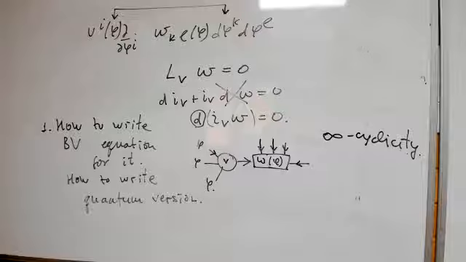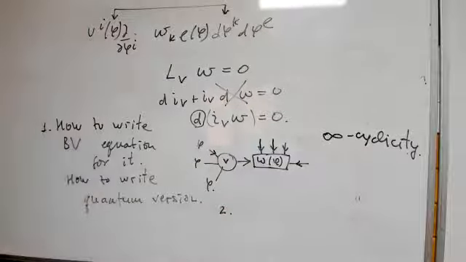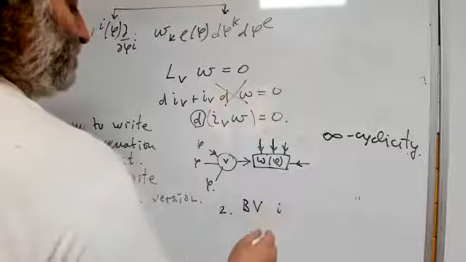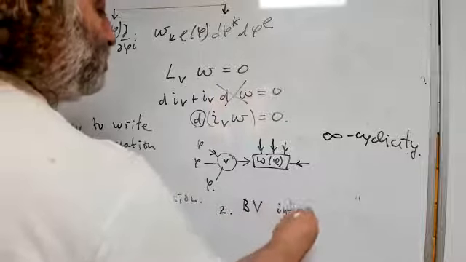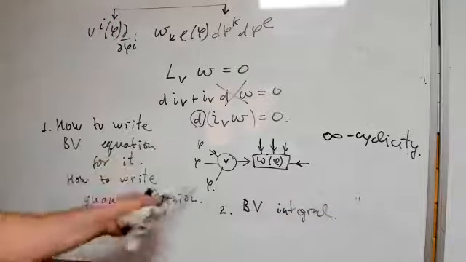And the second question is what happens when we take the BV integral? In particular, what happens if we go to cohomology?